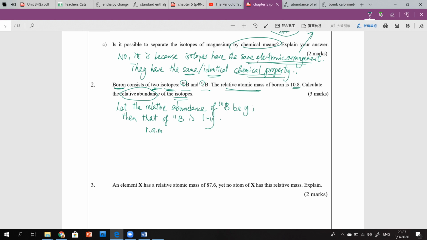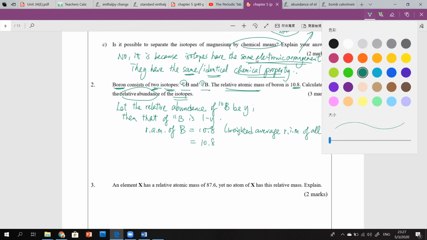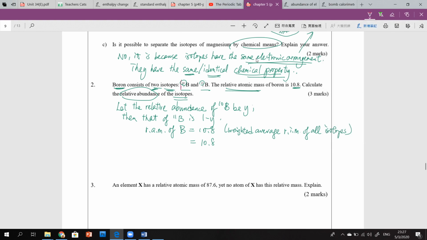What's next? The relative atomic mass of boron is 10.8. How could you get that 10.8? You're going to find it as a weighted average of the relative isotopic mass of all isotopes. You write down 10.8 again, and you put them one by one.